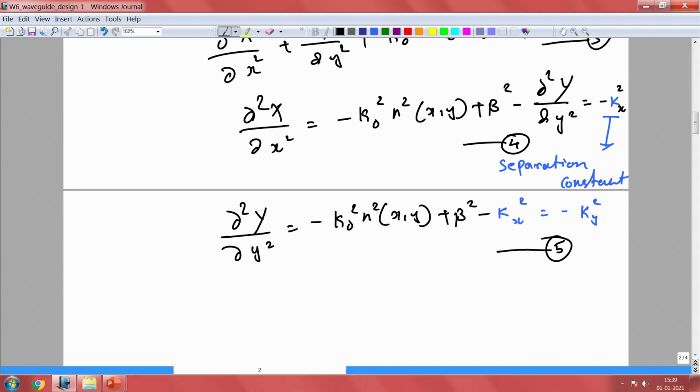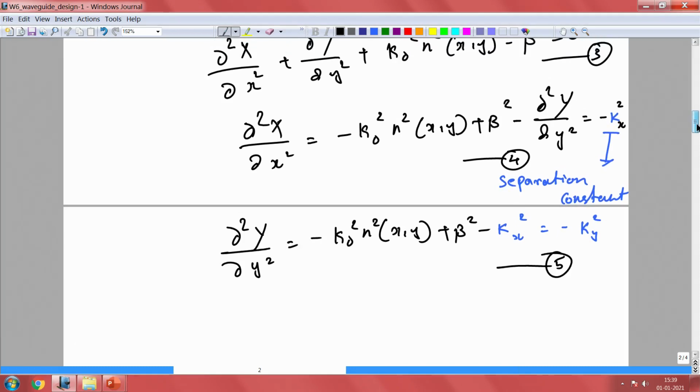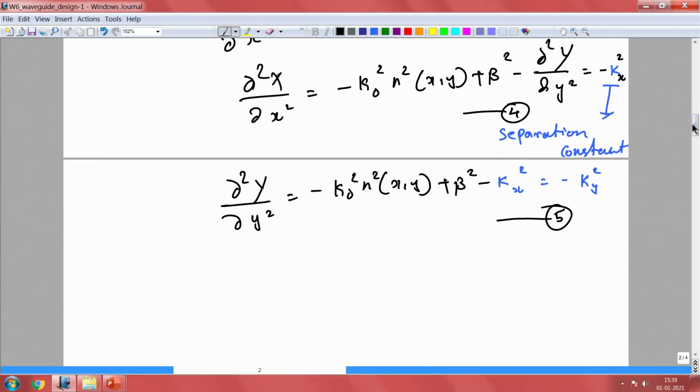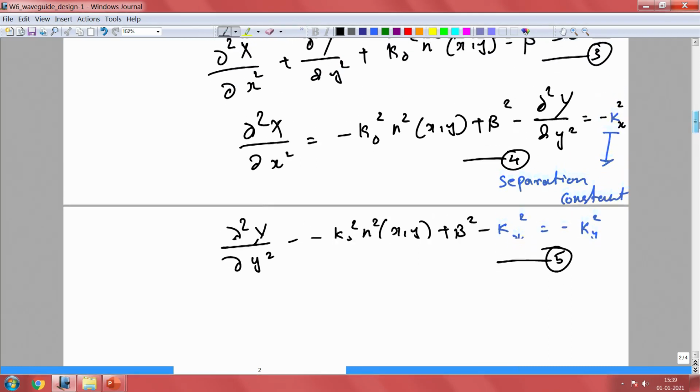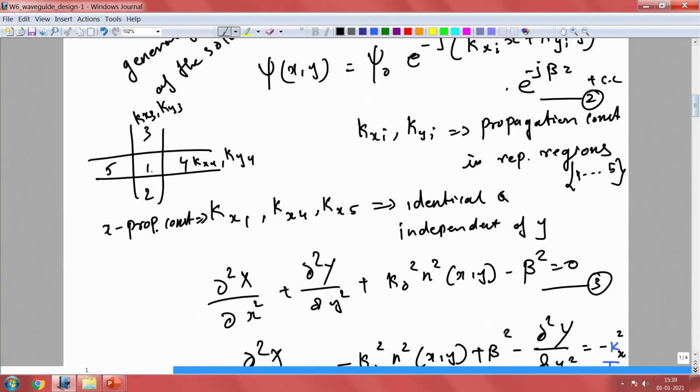So, what we are going to consider here is the refractive index, that n(x,y) that we have, right. So, this is uniform within the region of interest. Here we have regions 1, 2, 3, 4 and 5, and region 1 is where we are interested, because that is where we have our core.